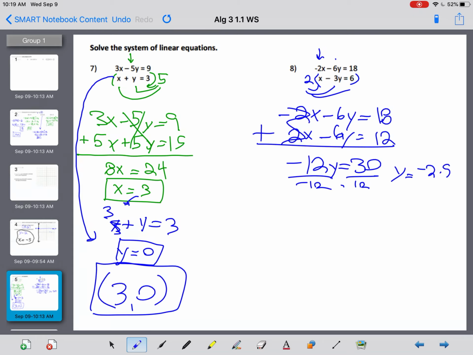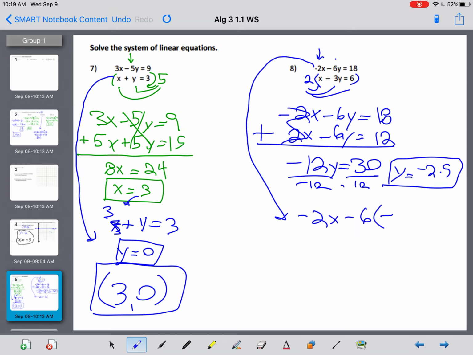And that's my y coordinate. Now I pick one of these here, and I'm going to pick this top equation. So I get negative 2x minus 6 times the y I just found equals 18. So I get negative 2x, and here I get positive 9 when I calculate that. And we get 18.